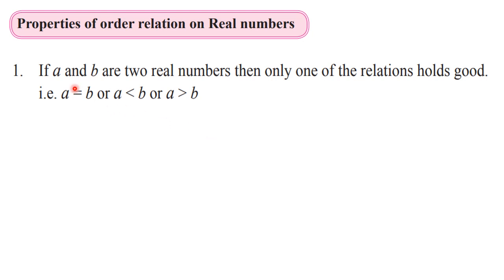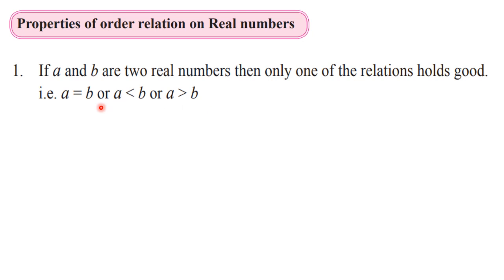So now if we have A and B as two real numbers, then here we have three relations. Out of these three relations, only one relation holds good at a time. That means for two numbers, two relations or three relations are not possible. Only one of these relations holds good.